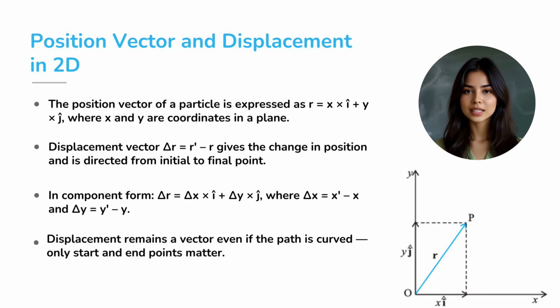Next, velocity is defined as the rate of change of position. In vector form, we express it as v vector equals delta r vector divided by delta t, where t is time. Similarly, acceleration is the rate of change of velocity. So, we say a vector equals delta v vector divided by delta t.